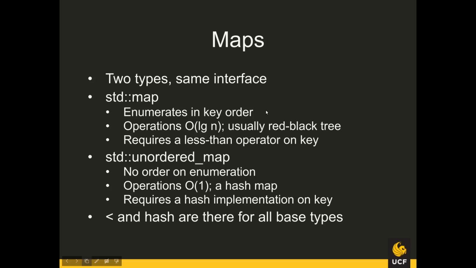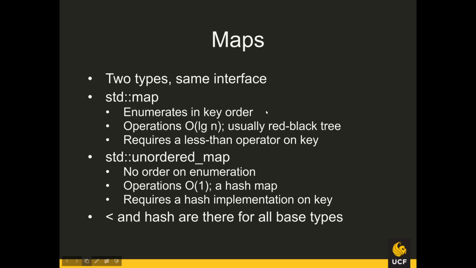What you pay for that is that things like insert and lookup are log n. In fact, every implementation I know of is implemented as a red-black tree, which, if you haven't gotten to that, is a balanced binary tree. And in order to do that, the key has to have a less than operator on it. And we'll get into that when we talk about sort.